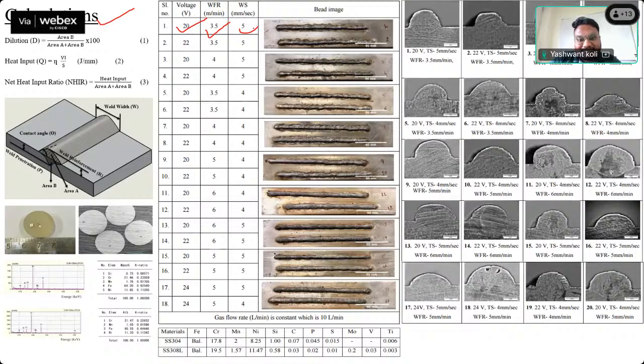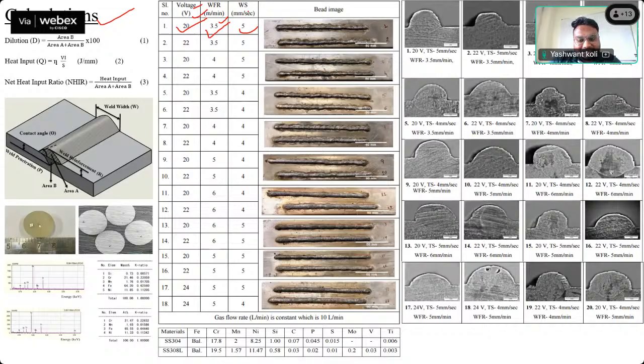With a minimum heat input and a maximum heat input, we can make a range: with minimum heat input, whether the bead is being deposited or not, and with maximum heat input, how much metal can be deposited. So in that range, we can set the process parameters. We can use voltage, wire feed rate, welding speed, current, gas flow rate, contact tip to workpiece distance, stick out distance.